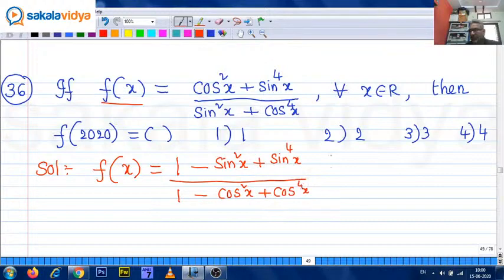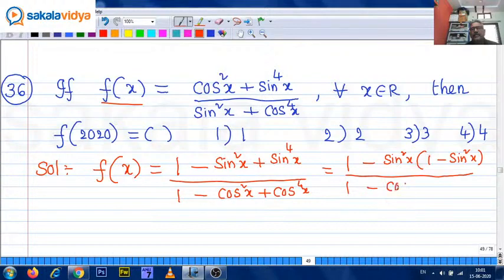So in the numerator, we have 1 minus sin square x plus sin x to the power of 4, take minus sin square x common, 1 minus sin square x. In the denominator here also minus cos square x common, 1 minus cos square x common, we have 1 minus cos square x.